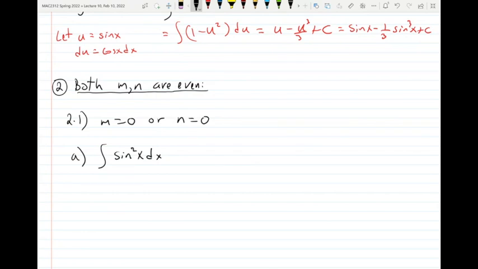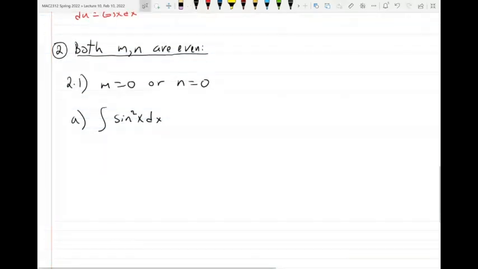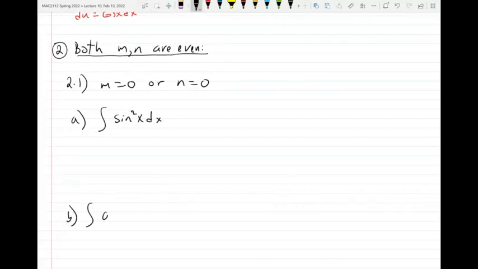This would be the case when n is 0, right? Because remember, n is the power of the cosine. So we do this one, and then we do cosine to the 4th. This would be the case when m is 0, right? But the point is that it's the same thing.